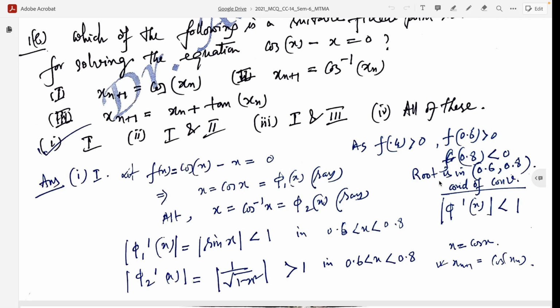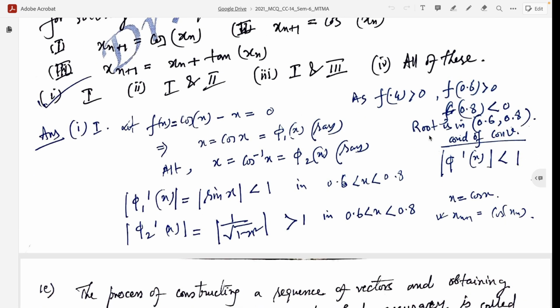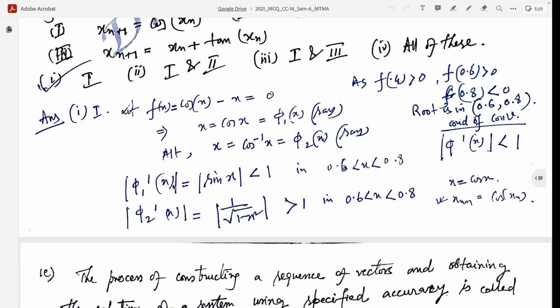So the simple real root lies in the open interval 0.6 and 0.8. In this interval, the convergence condition for fixed point iteration is that the modulus of phi dash x is less than 1. We find the modulus of phi 1 dash x is less than 1 in this interval, and the modulus of phi 2 dash x is 1 by root over 1 minus x square, which is greater than 1.